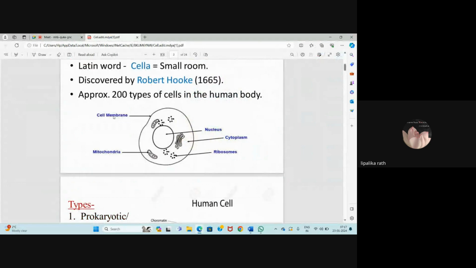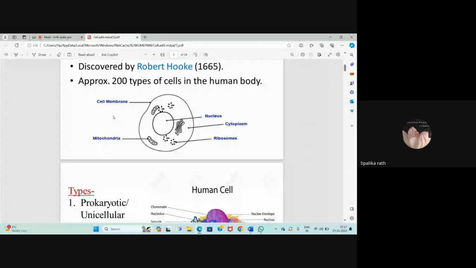For prokaryotic we can take the example of amoeba, protozoa, and for eukaryotic we can take human beings and other animals.